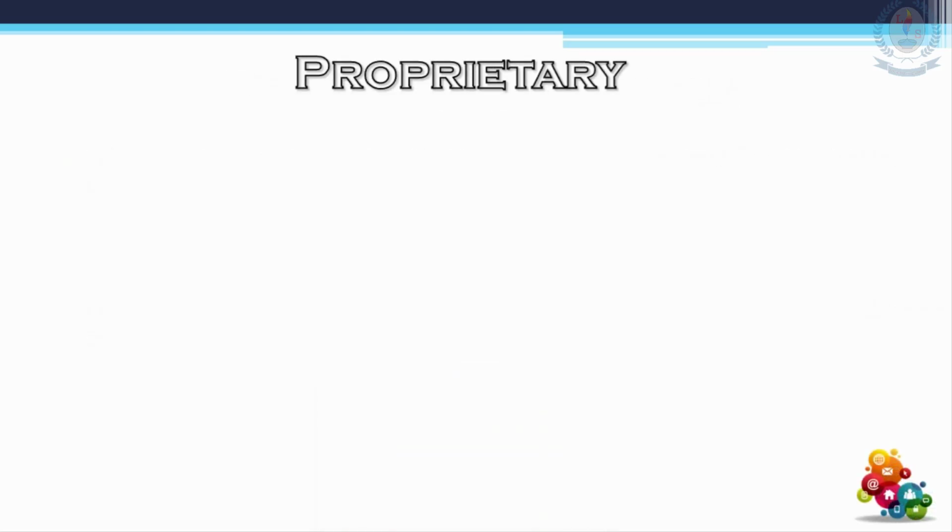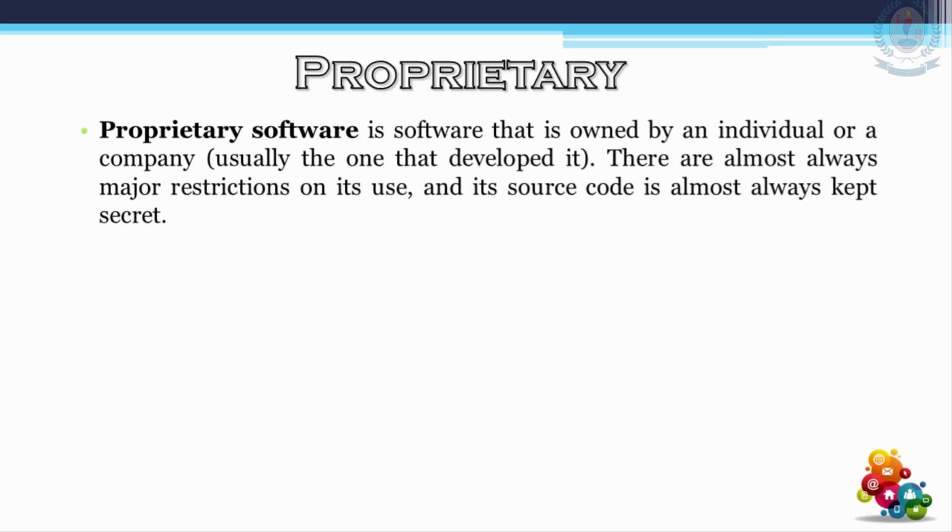Let's see proprietary software. Proprietary software is any software that is copyrighted and bears limits against use, distribution and modification that are imposed by its publisher, vendor or developer. Proprietary software remains the property of its owner or creator and is used by end users or organizations under predefined conditions.